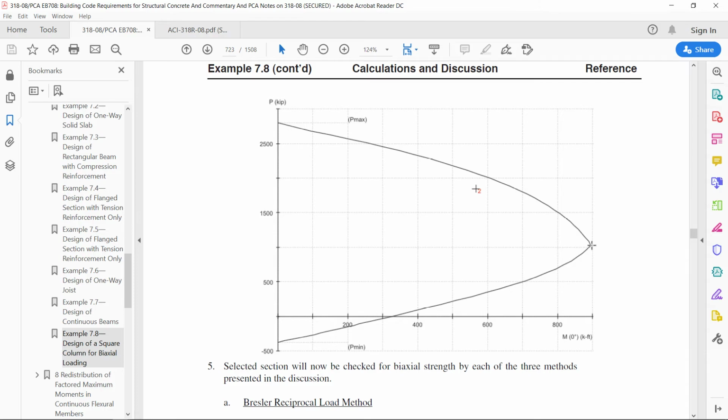This is the P balance, which was 1076. This is 500, 1000, 1500, so a little bit more, that means okay.